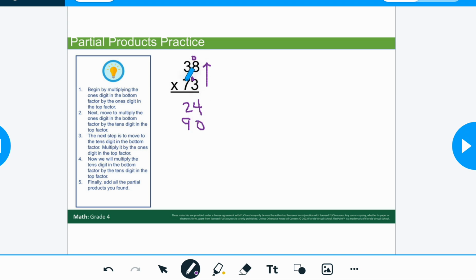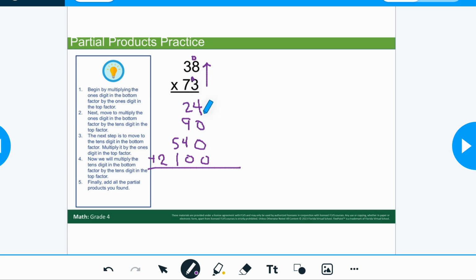So this is saying 70. 7 times 8 is 54 plus that place value of 10. So I'm going to get 540. 70 times 30 is 21, but I have 2 zeros there. So 0, 0, 1, 2.